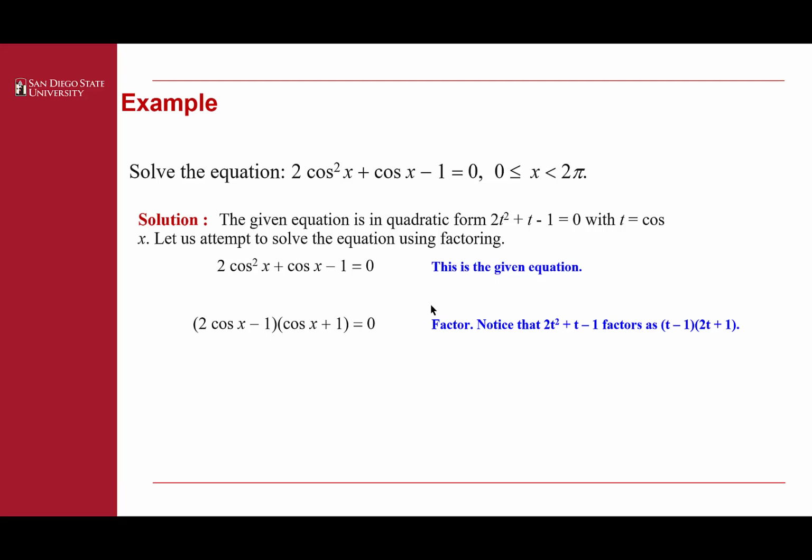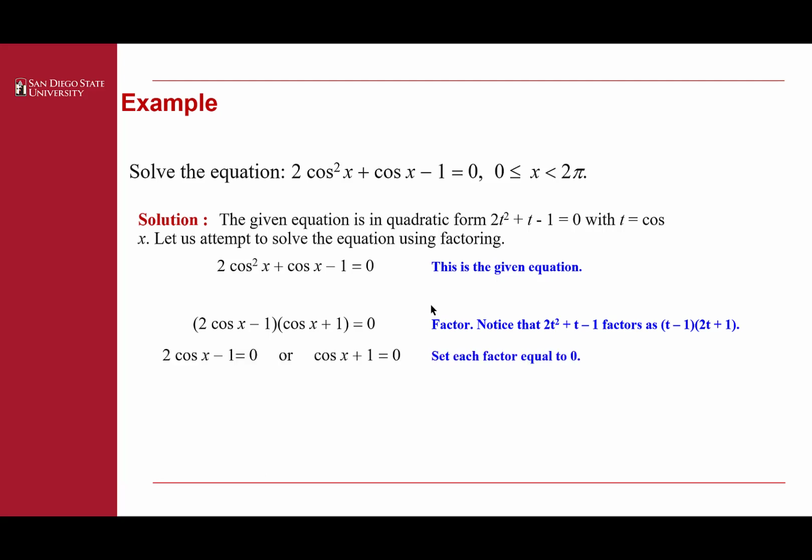What we should do here is to factor the equation. You can either continue with t, which will be more clear for many of you, but you don't have to. If you factor the given equation, we will get 2 times cosinus x minus 1 times cosinus x plus 1 equals 0.